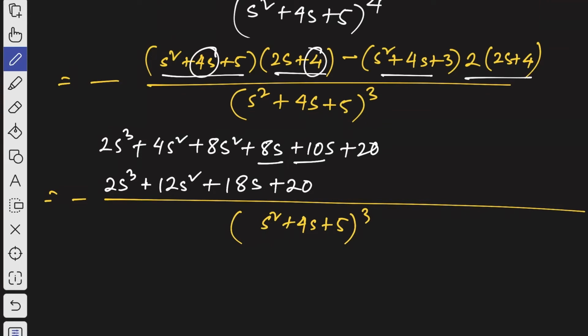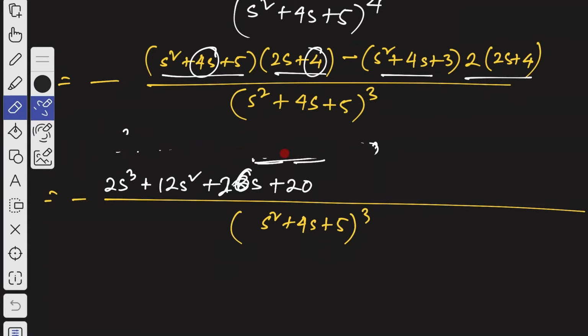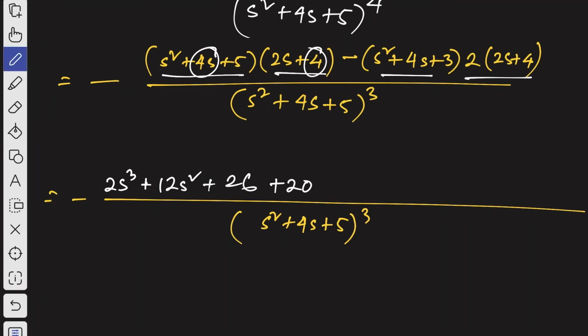This 4s and 4, that's gonna be 16s. It should be 16s plus 10s, that should be 26s. Okay, so let me clean this. So we should have here 26s, right? So that is what we will get.